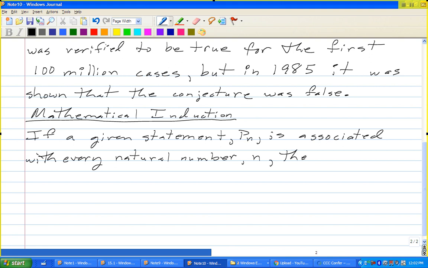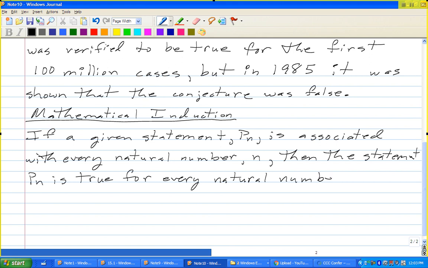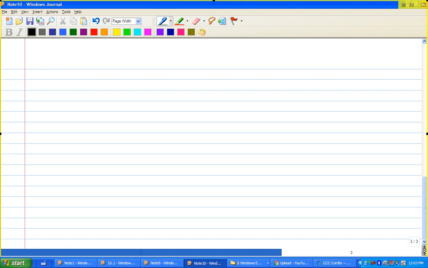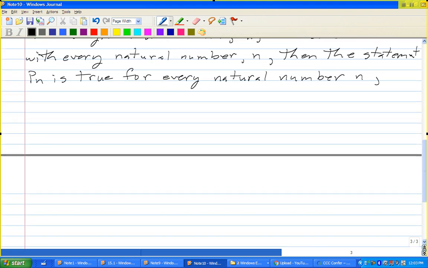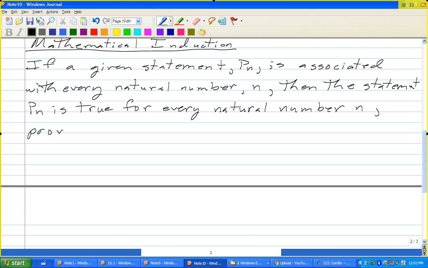Then the statement P_n is true for every natural number n, provided that the following conditions hold.